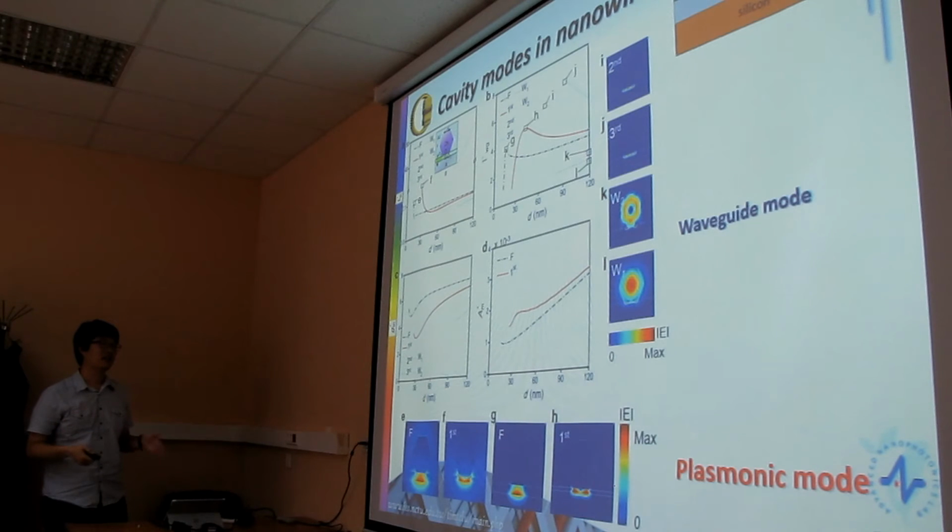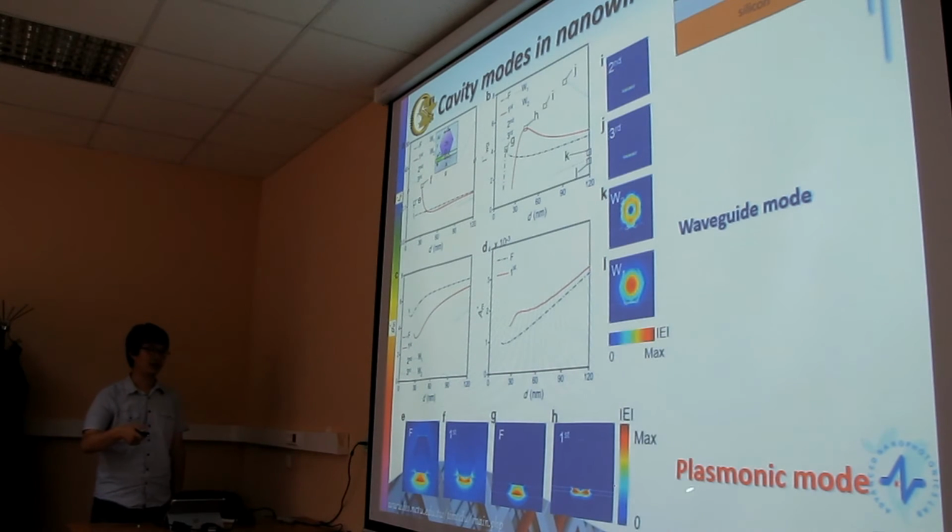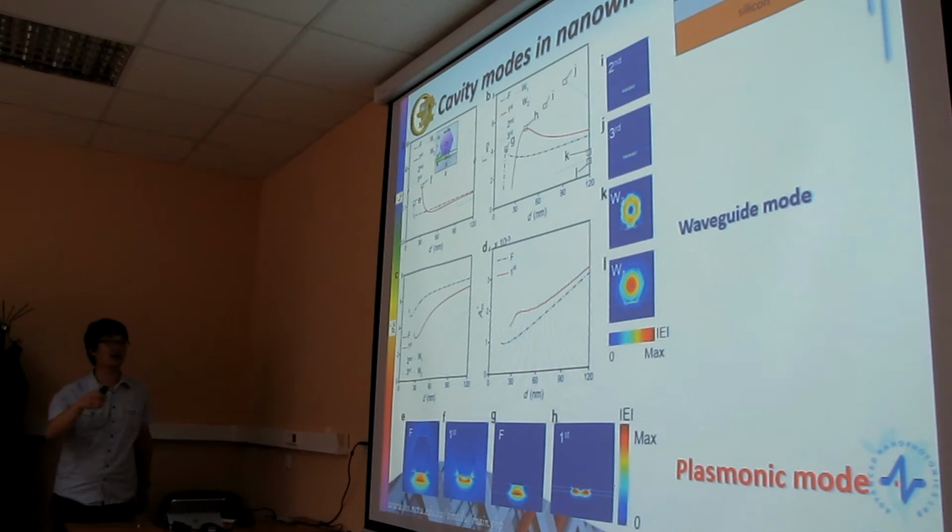In contrast, when the size of the nanowire is smaller than 17 nanometers, there is only the plasmonic mode in the system. So to ensure that our devices only operate in the plasmonic mode, we choose nanowire sizes between 28 nanometers and 35 nanometers, to guarantee that no waveguide mode exists.